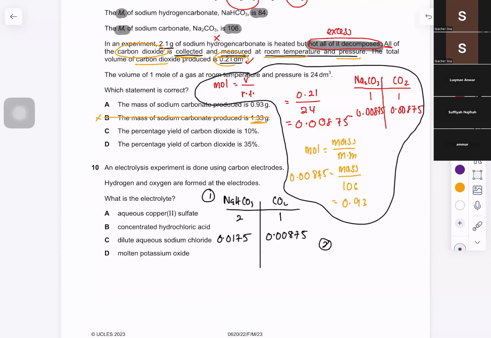Mole equal to mass over molar mass. And then 0.0175 equal to X, and then molar mass equal to 84. And then X equal to times 84. So 1.47. See? Alright, 1.47.